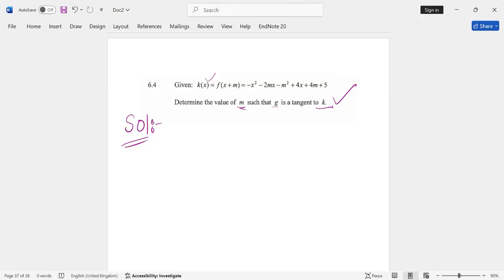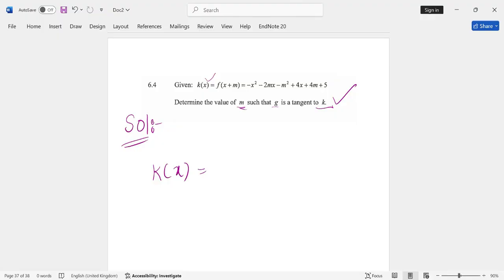So firstly, we substitute f of x plus m into the equation of k of x. Let's start. They already gave us the expanded form of k of x, equal to g of x.